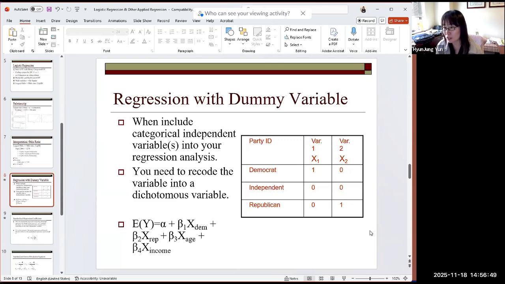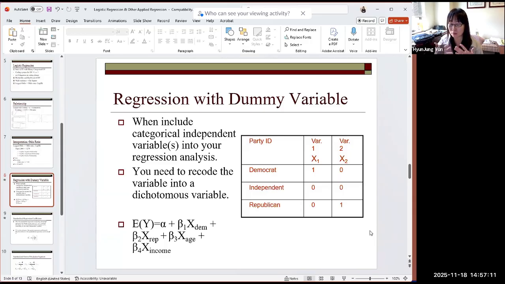Then it's a multiple regression model. But think about variables like race, ethnicity, or partisanship: Republican versus Democrat versus independent. They are categorical variables, not numerical, not interval variables.